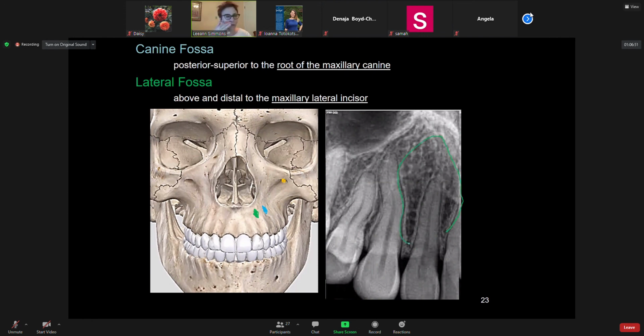And it's because it's a fossa there. The bone is thinner in its dimension. And so you see it as a shadow, and shadows in bone can be infection that has destroyed bone, or it can be normal anatomy. So this is an important feature for you to know because it can fool you on an x-ray. Because you say, why is that so dark? Oh, it's just the normal fossa there. Hey, how about that?